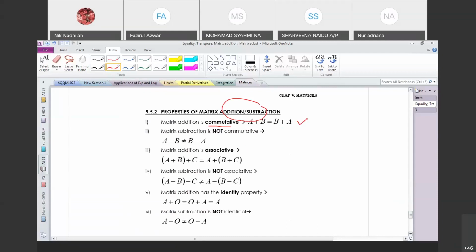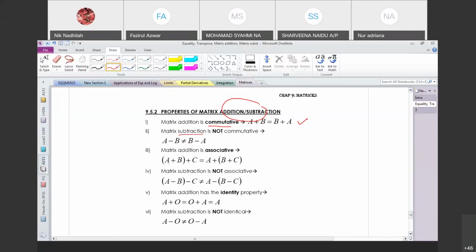But for subtraction, it's not commutative because A minus B is generally not equal to B minus A. And then matrix addition is associative.